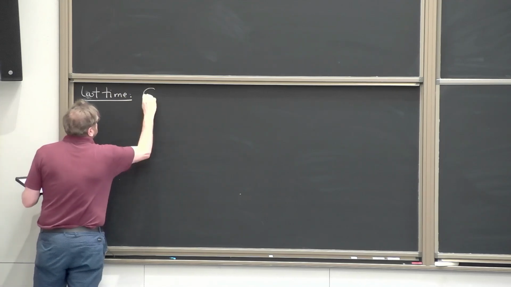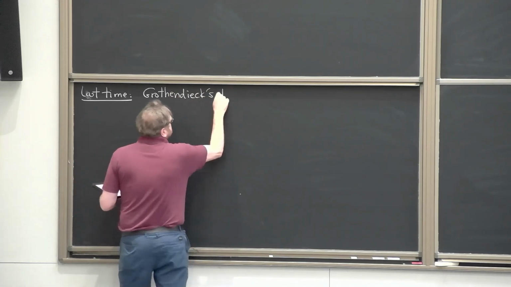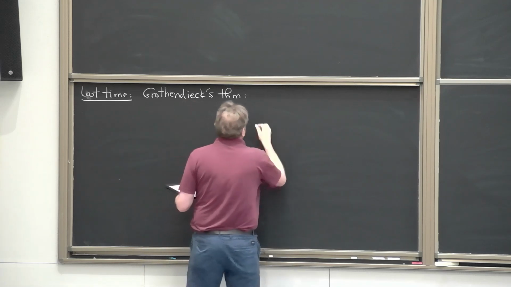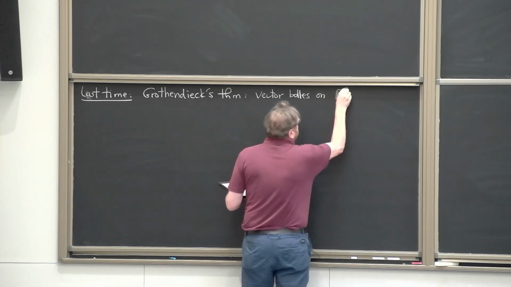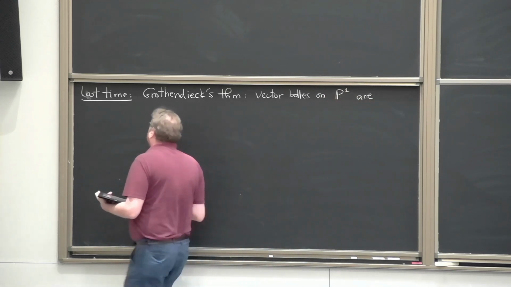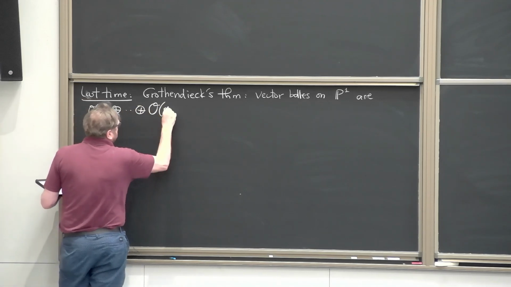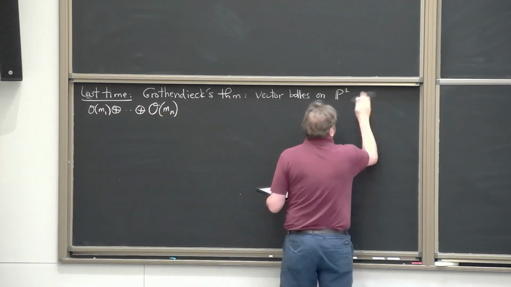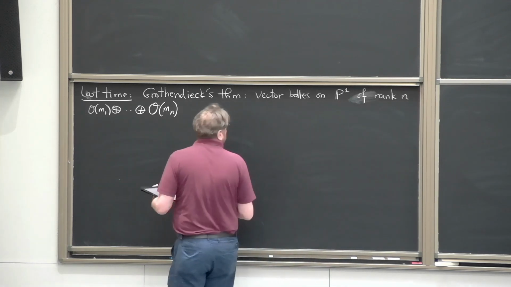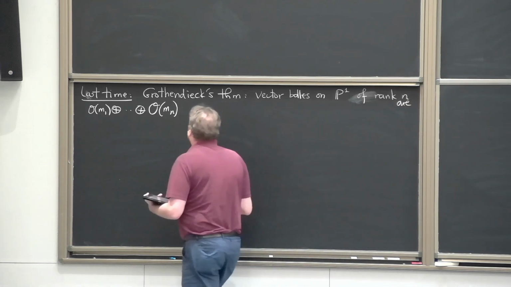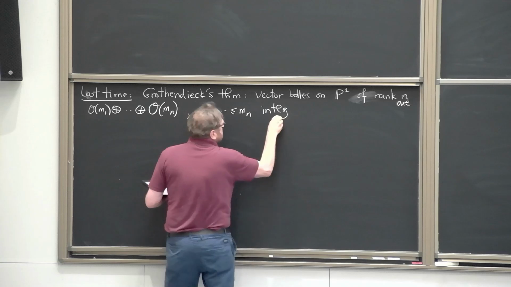Last time we proved Grothendieck's theorem, that vector bundles on the projective line of rank n are of the form O(m1) plus and so on plus O(mn), where m1 through mn are integers.